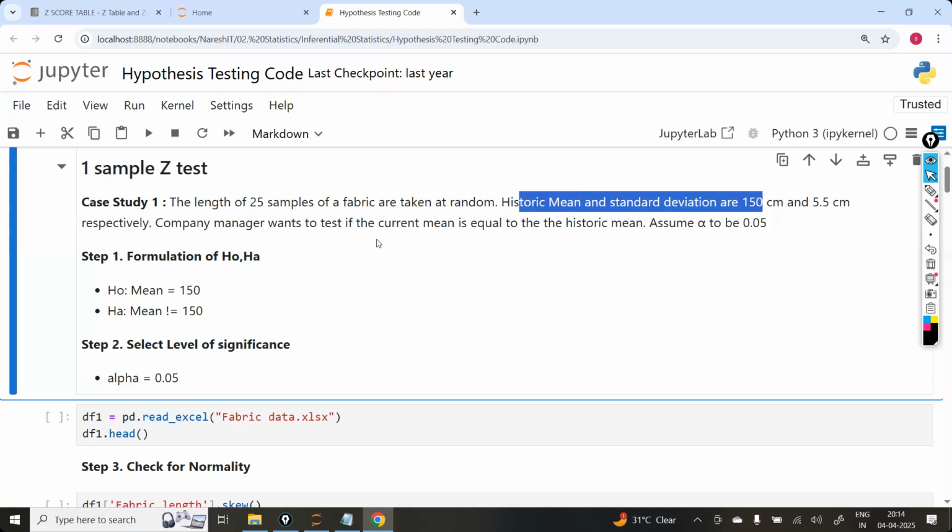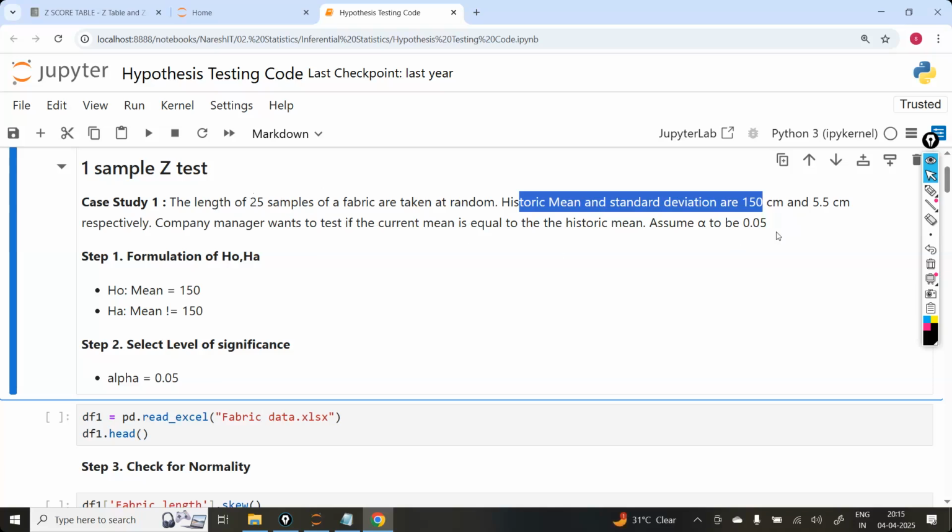But the company manager wants exactly 150. If extra is there, it is a loss for him. So the company manager wants to test whether the current mean is equal to the historic mean. Current mean means, for the 25 samples, what mean is there, compared with the historic mean.